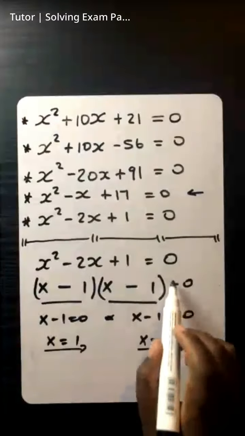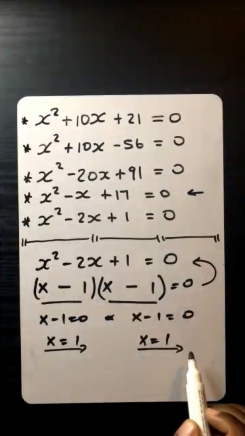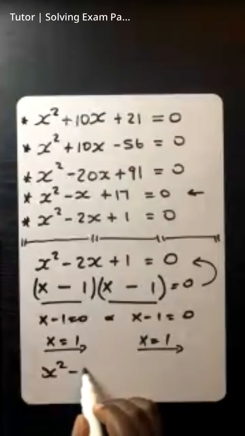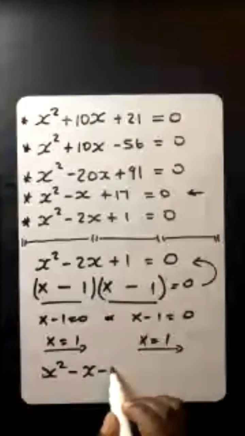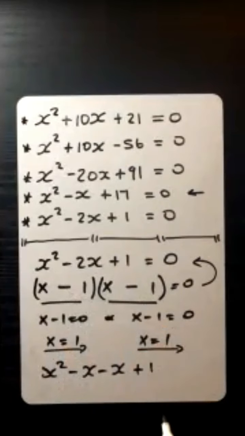So before I forget, Shreyas, remember, when you prove, if this can take you back to that, you multiply that by that, then you get x squared. You multiply that by that, you get minus 1x, that by that, minus 1x, that by that, you get positive 1.